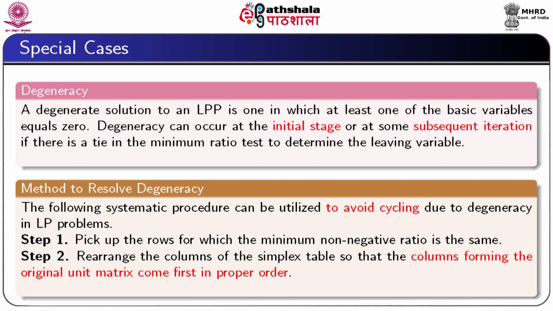To resolve the degeneracy, we can follow the following steps. In first step, pick up the rows for which the minimum non-negative ratio is the same. Rearrange the columns of the simplex table so that the columns forming the original unit matrix come first in the proper order.